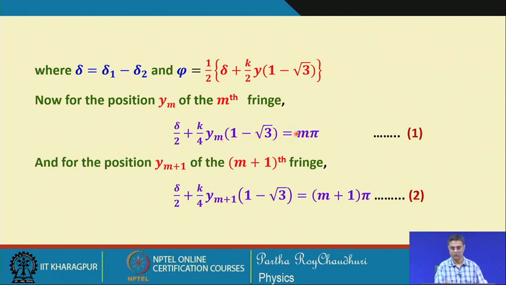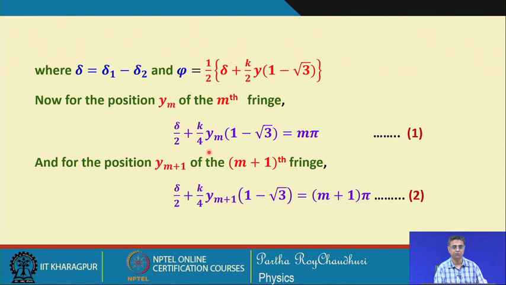This phase will be equal to m pi, because this will be the integral multiples of pi. And for the position y m plus 1 of the m plus 1th fringe, you will have this phase equal to m plus 1 pi.